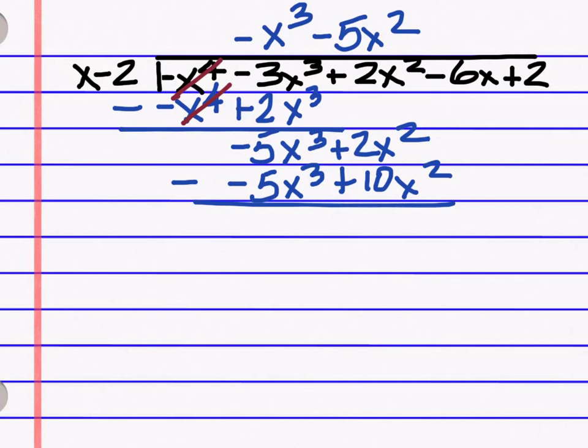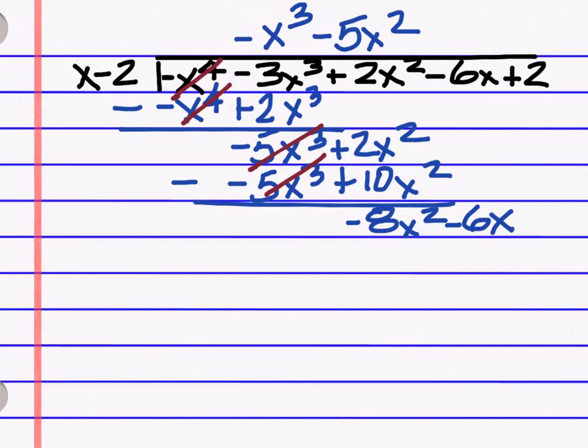We're multiplying this by this and this. And we came up with this. So these will cancel out, and I'm left with 2x squared minus 10x squared is a negative 8x squared.